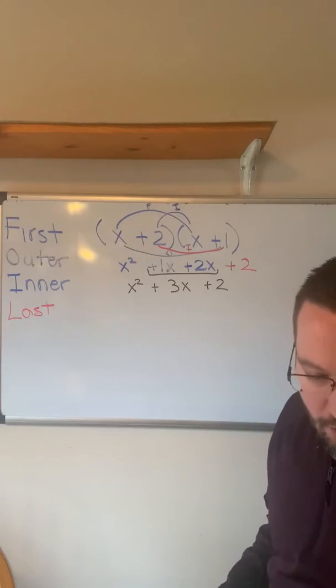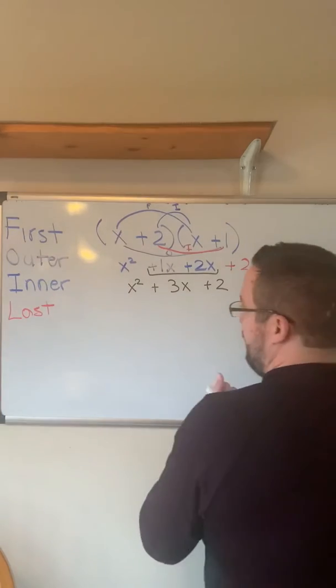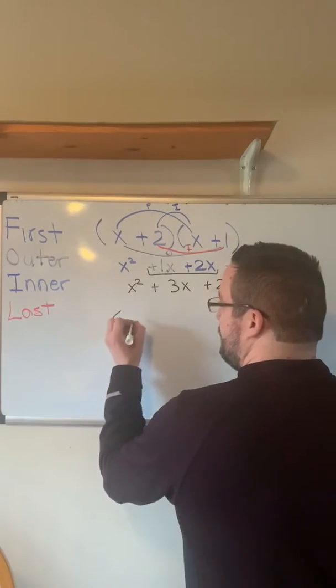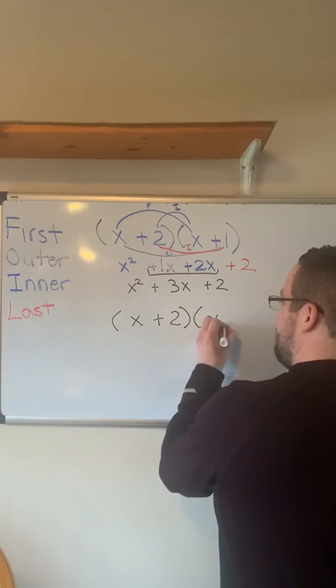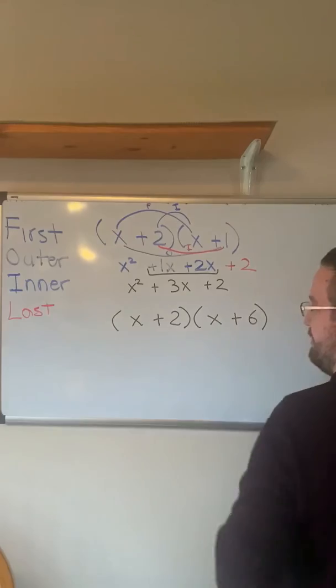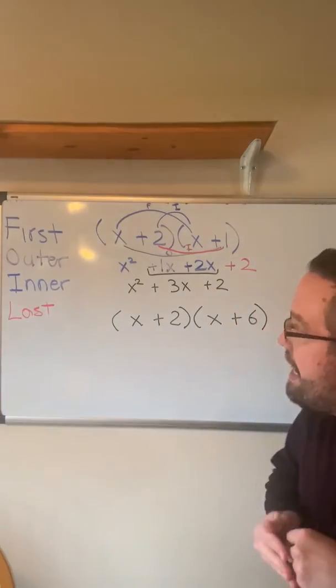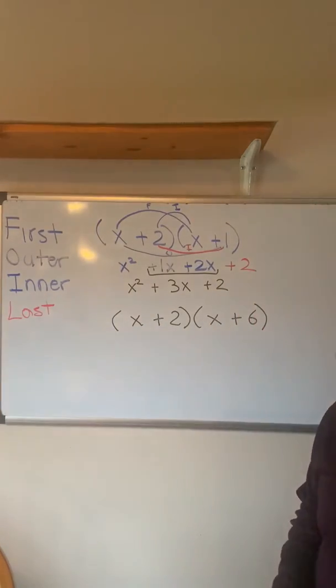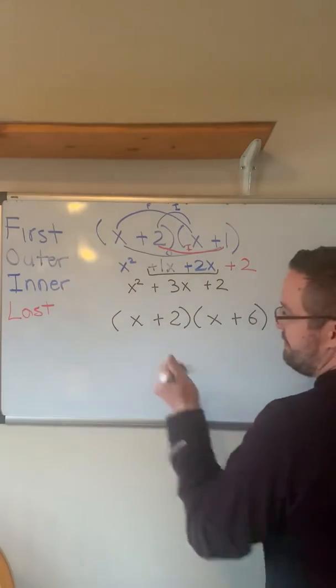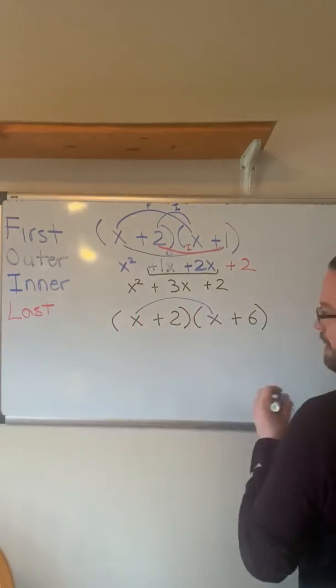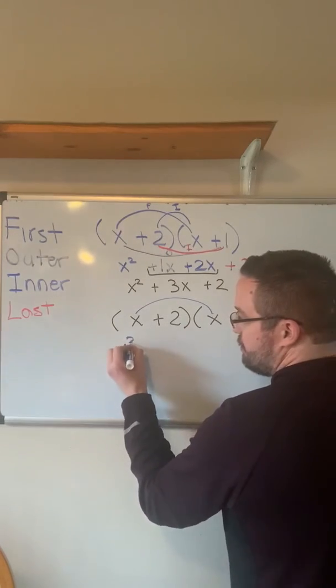So let's go with x plus 2 times x plus 6. I take a look back up here, and my first terms are x times x. So I go x times x, that gives me x squared.